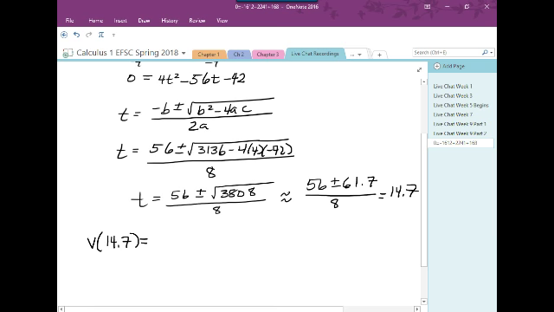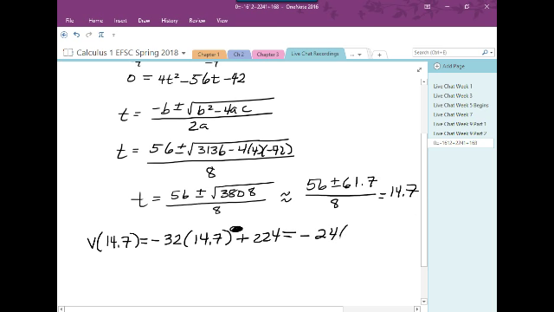So it was negative 32t, so negative 32 times 14.7 squared. No, not squared, because we took the derivative. And then plus 224. So negative 32 times 14.7 equals negative 470.4 plus 224 gives us negative 246.